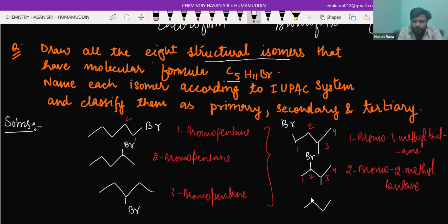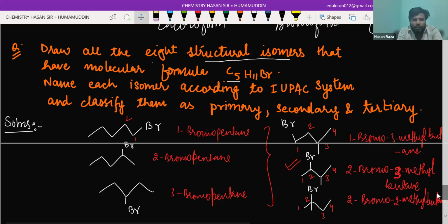Bromine here and methyl is also here. So its name will be 1, 2, 3, 4. The name will be 2-bromo, 3-methyl. This is because methyl is at the third position. Now these are both on the second position. So 2-bromo, 2-methyl butane. So how many structures now? We are done with 6.